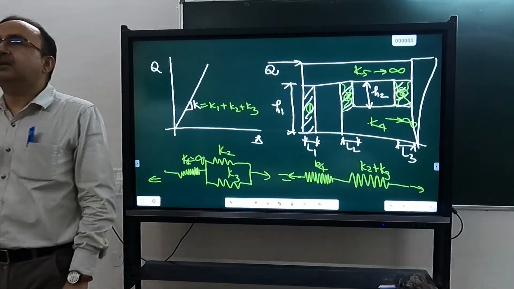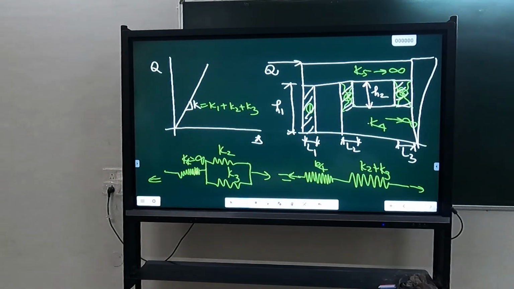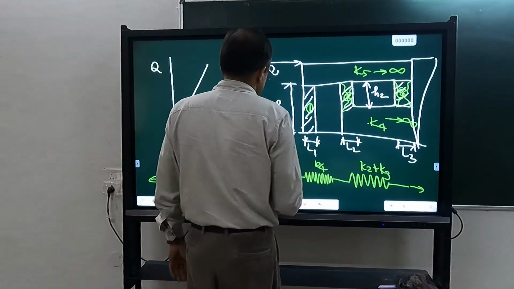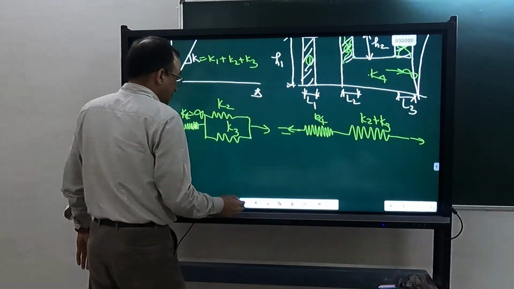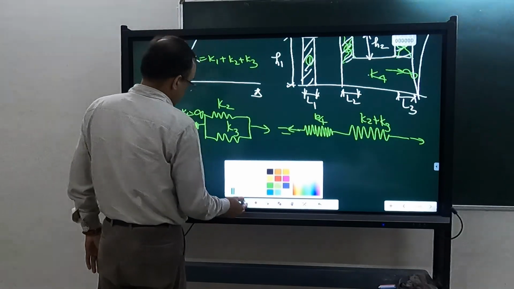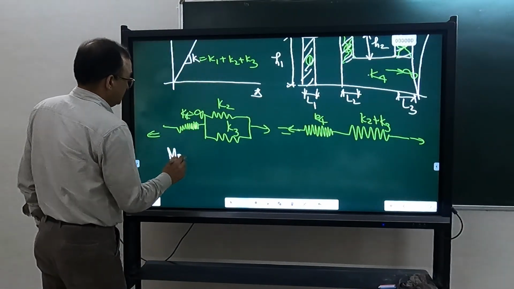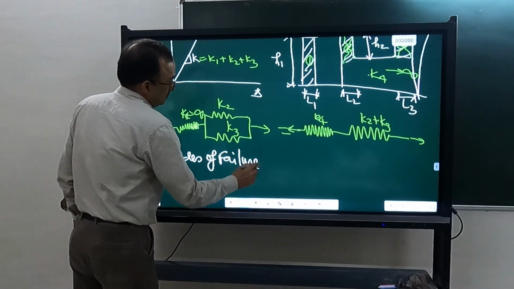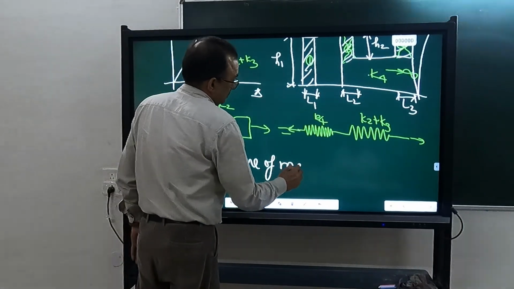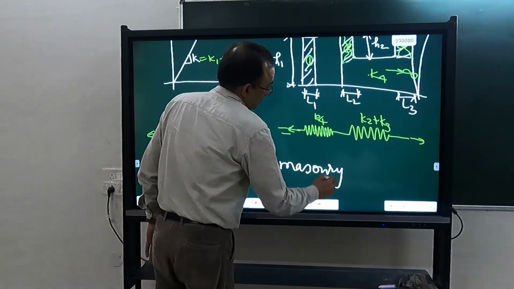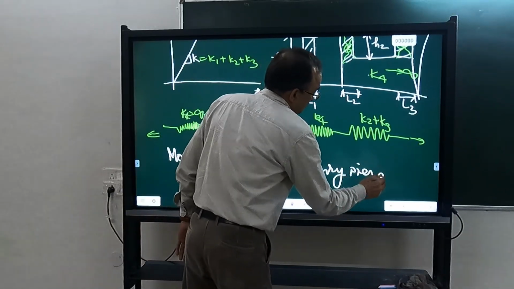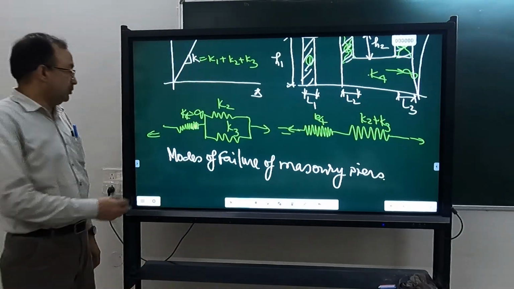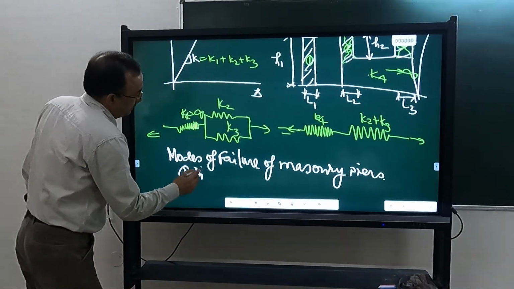So this is diagonal shear failure. So diagonal shear failure is one mode of failure in masonry piers.